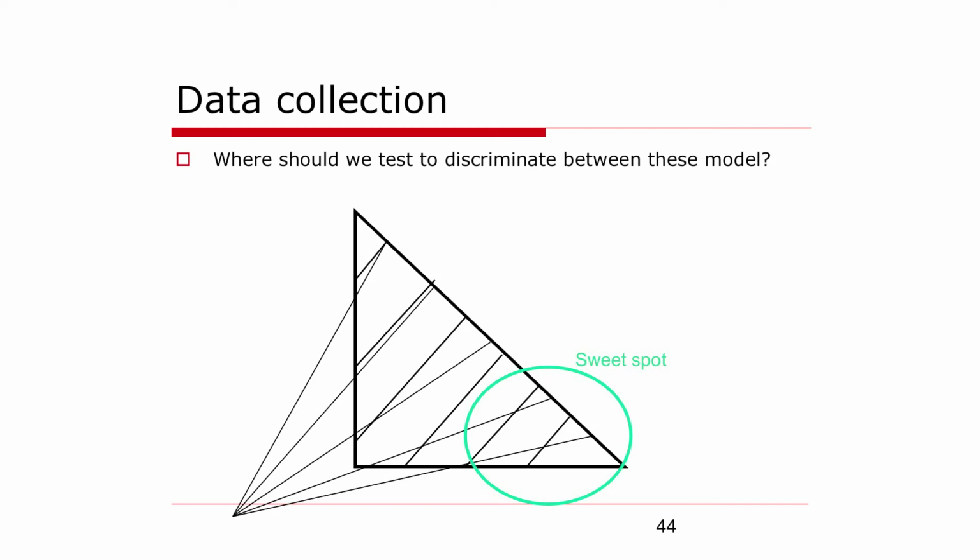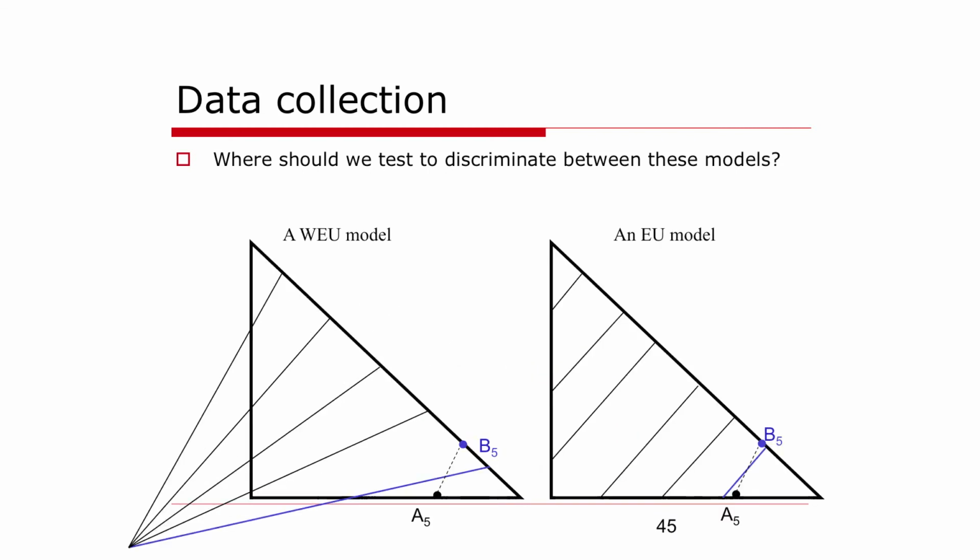You want to choose gambles in that corner, that region. For example, if you present this A5 versus B5, weighted EU predicts that B5 should be preferred, and the same here too. But if you change the gamble pairs, this is where weighted EU and EU make different predictions: B5 should be preferred, but now A5. That's the reason it's a sweet spot.